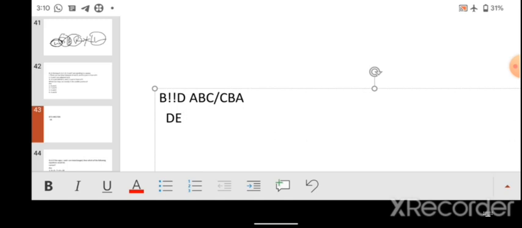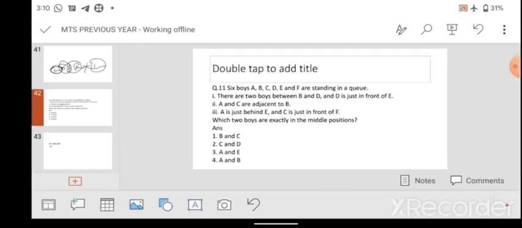What else is given? A is just behind E. So EA. And C is just in front of F. So CF.